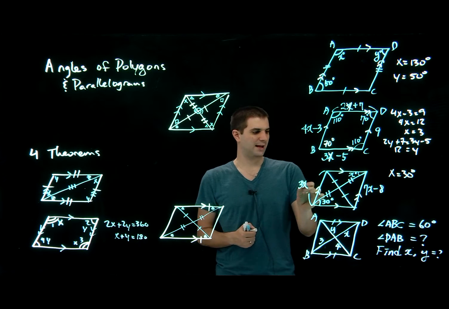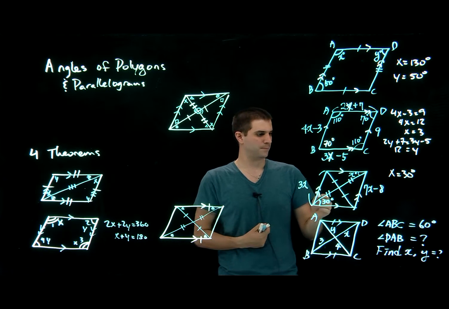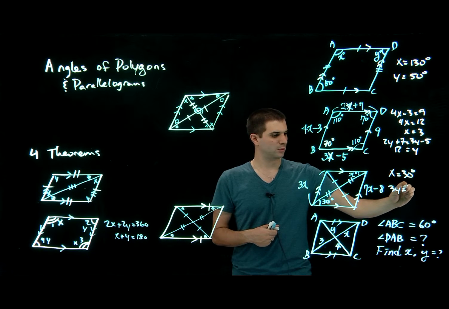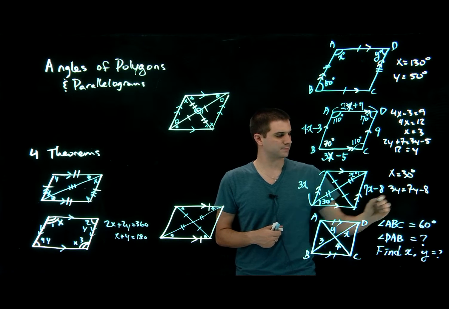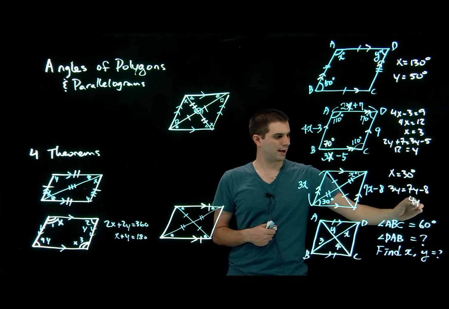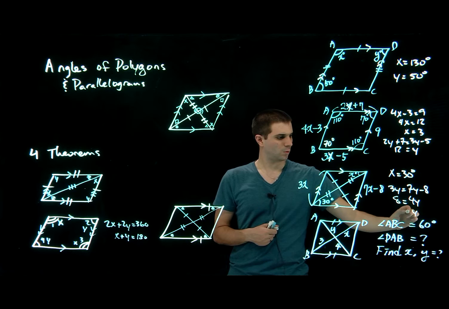And again, looks like we have an x here. We're just going to change that to y. We know that these two sides must be congruent, so 3y equals 7y minus 8. So 4y equals 8, y equals 2.